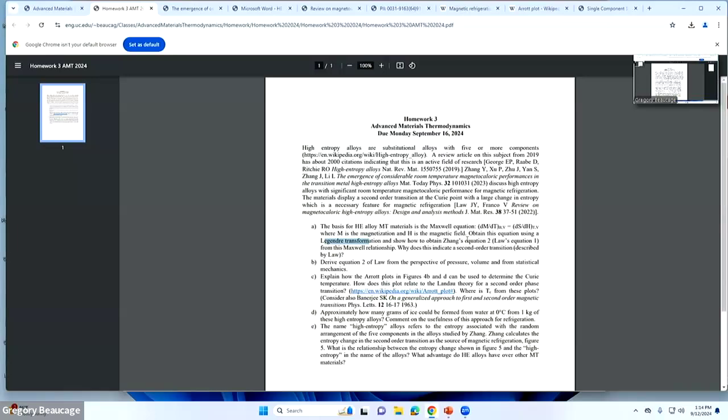Then you use the triple product rule, and you can get that expression from the Maxwell equation with the magnetic field. It's good. It shows you how you can stuff magnetic field into the thermodynamic equation just as another differential term, and then you can write a Maxwell equation for it.